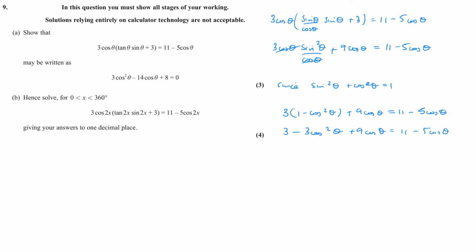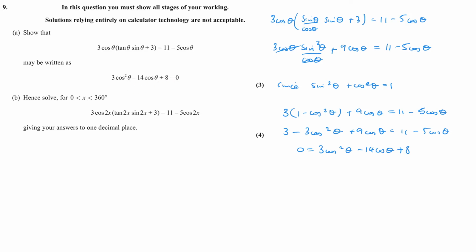Now taking everything onto the right hand side, we get 3 cos squared theta minus 9, so minus 9 and minus 5 is minus 14 cos theta, and 11 minus 3 is plus 8. And then that is that.